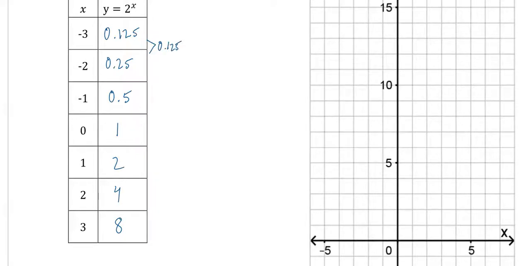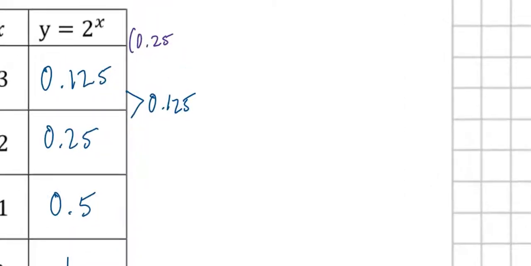I'm going to do it in a different color. 0.5 minus 0.25 is 0.25. 1 minus 0.5 is 0.5. Some of these you might be able to do in your head.